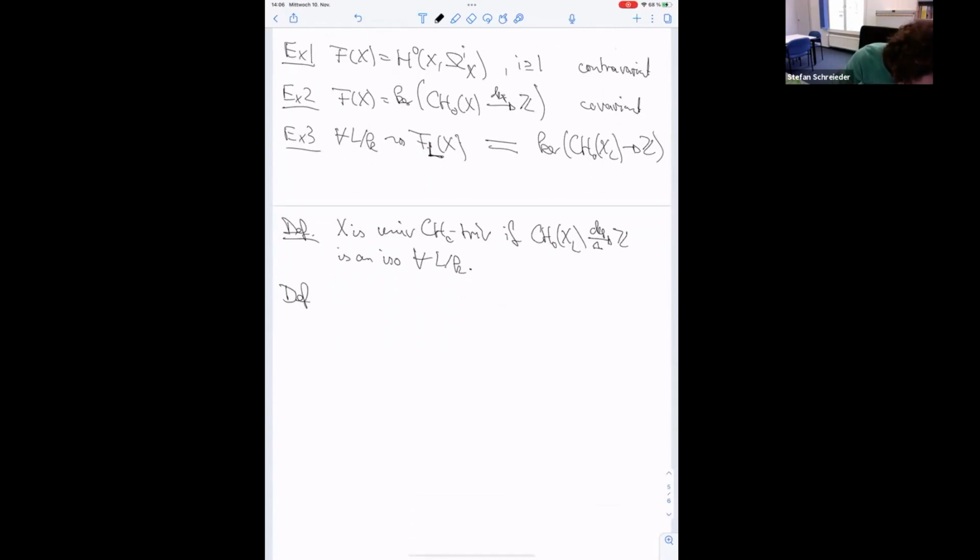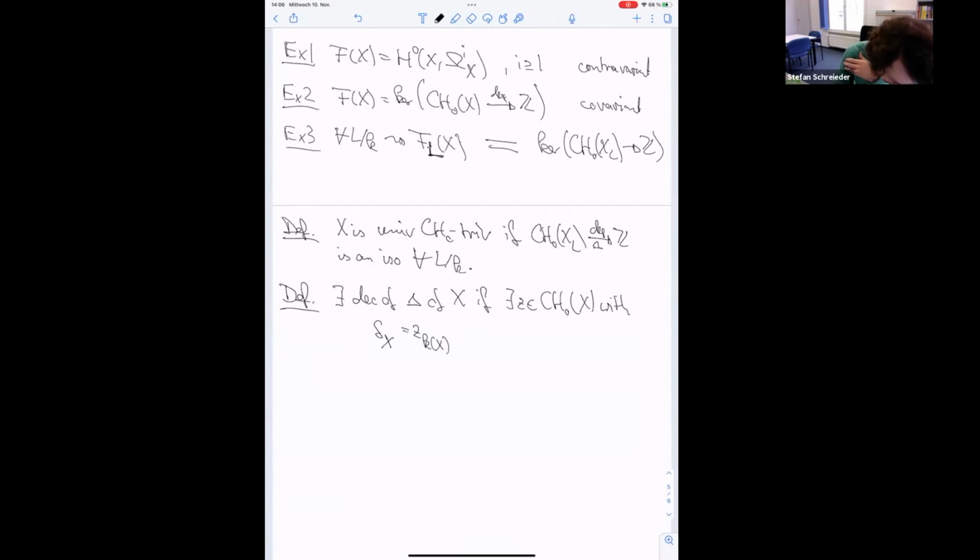And another definition is that there is a decomposition of the diagonal of X if there is a 0 cycle Z on X such that the 0 cycle of the diagonal is the same as the base change of Z.